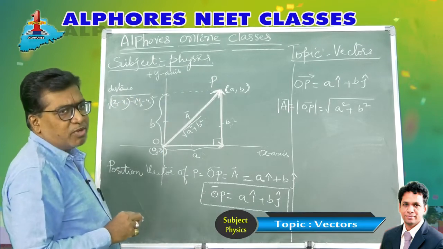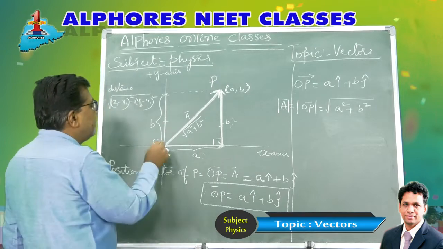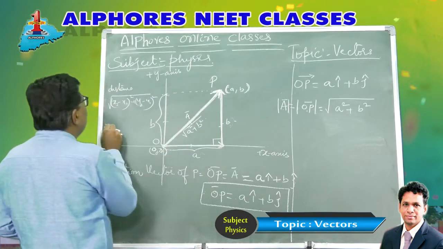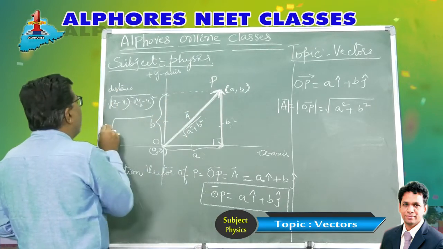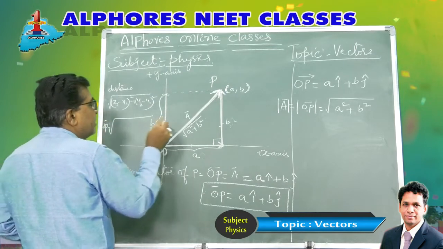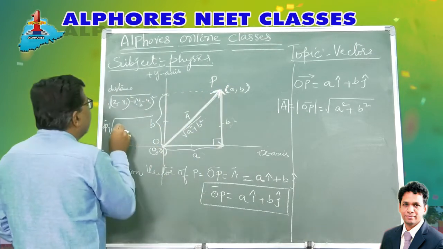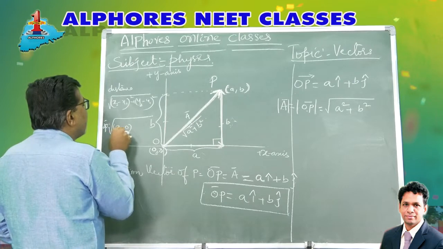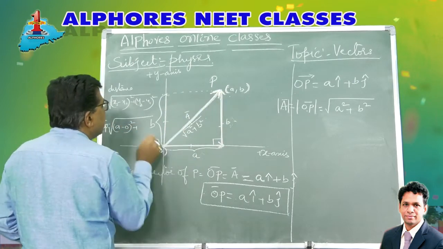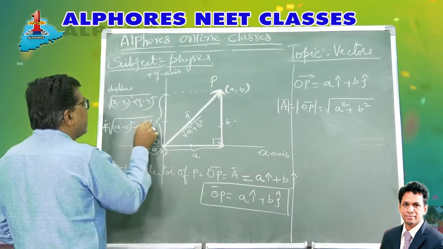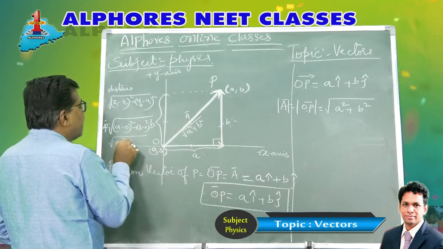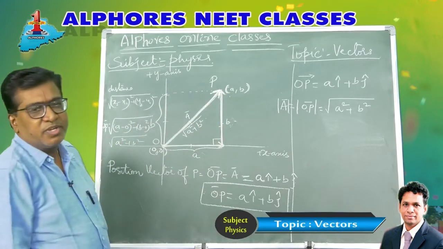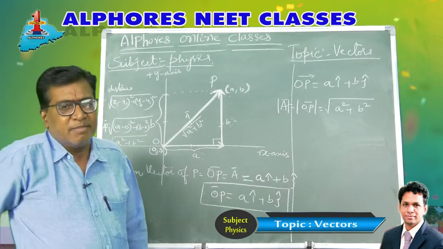From this formula also you can find the length of this segment. So the length OP is the square root of A minus 0 square plus B minus 0 square, which is the square root of A square plus B square. Even this way you can find the length of the line segment.